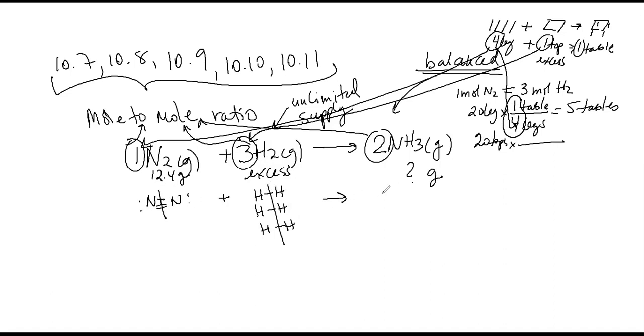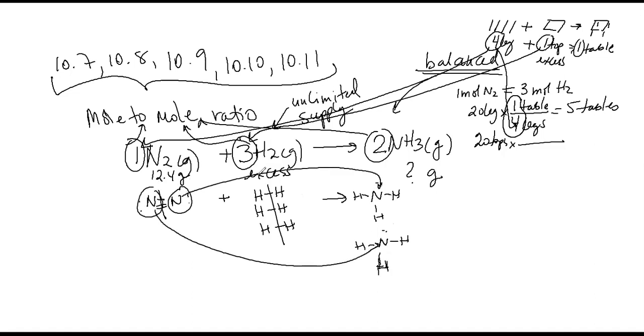And so what you're forming here, look, 1 of the nitrogens will be used to form 1 of the ammonia molecules, and there is another one right here that will be used. So in other words, look, guys, this is 1 of my nitrogens right here, and 1 of my nitrogens right in here, and then 3 of my hydrogens we use to build 1, 2, 3, and the other 3 hydrogens, 1, 2, 3.